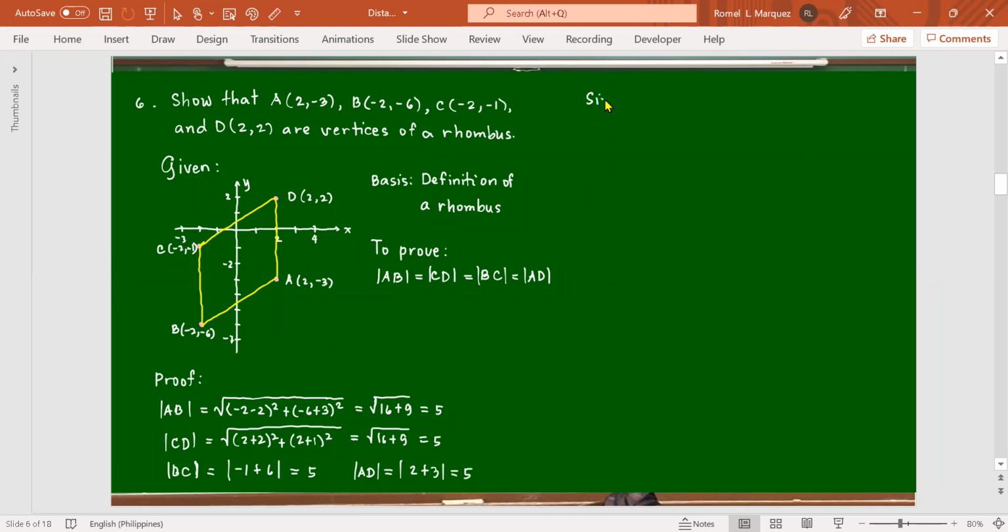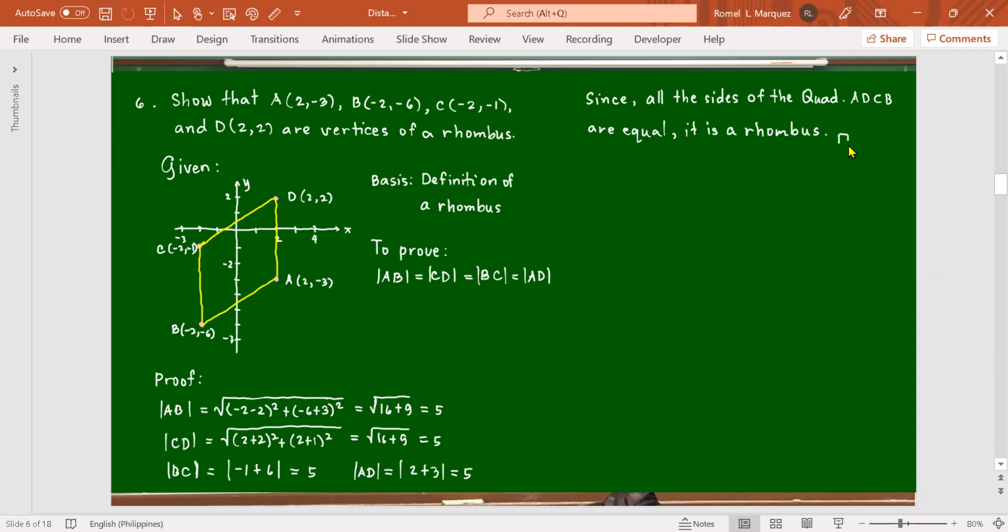Now, since all the sides of this quadrilateral A, D, C, B are equal, it is really a rhombus, no? Am I right, guys?